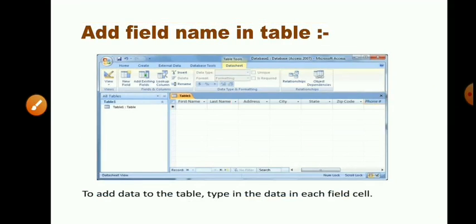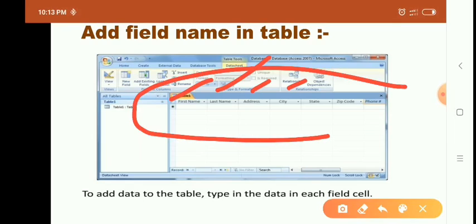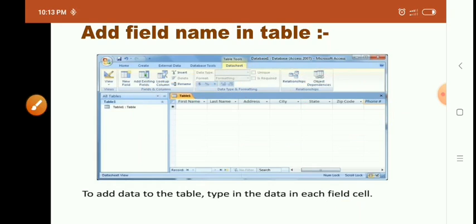When we write our field names, the screen will look like this: first name, last name, address, city. These are some of our field names. When we get these field names for our table, now we have to add some data according to our fields. So this is the end of how to add field names.